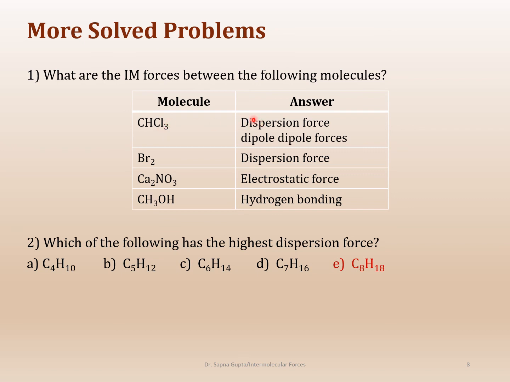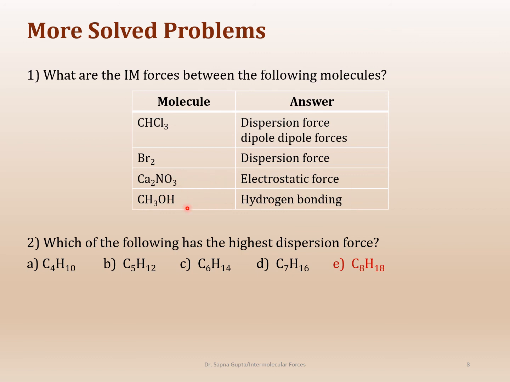But the important force here is dispersion force, because chlorine is a huge atom. Bromine, no doubt, dispersion force, because there's no polarity, there's no dipole moment. So this is completely a dispersion force. Calcium nitrate, electrostatic force. Why? Because this is ionic. CH3OH, the major force here is going to be hydrogen bonding, because you can see the OH quite clearly.